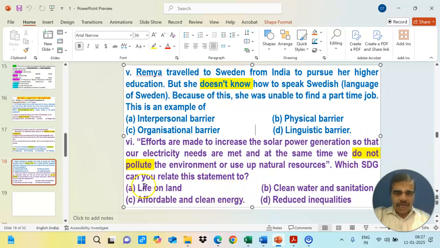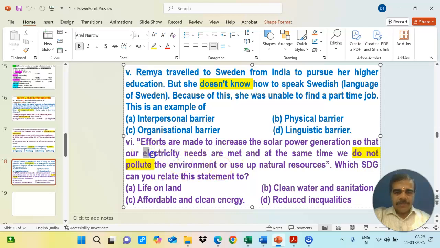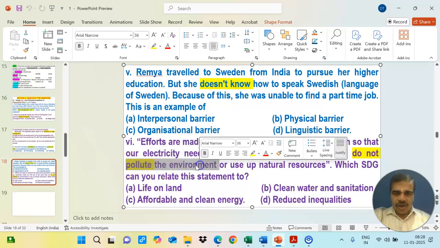Here the options are life on land, clean water and sanitation, affordable and clean energy, reduced inequality. Efforts are made to increase solar power generation, which is related with electricity, and at the same time we don't pollute the environment. So the statement is related with energy and it is not polluting the environment.